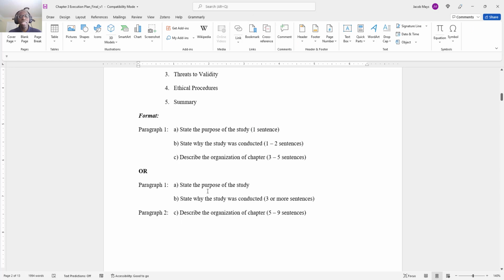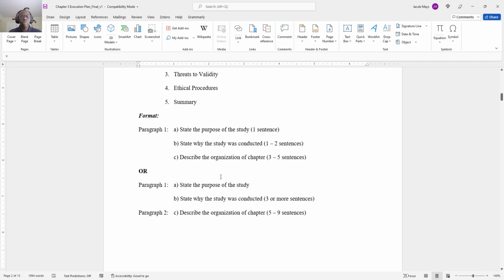So the reason the study is being done is due to a gap and or a problem. So you can talk about the gap in the research, or you can talk about the problem that fuels the gap. Okay? No more than one or two sentences. I mean, you can do 3 if you want to, but this is not supposed to be super long. The introduction is not supposed to be super long. We don't want it to be more than a page.